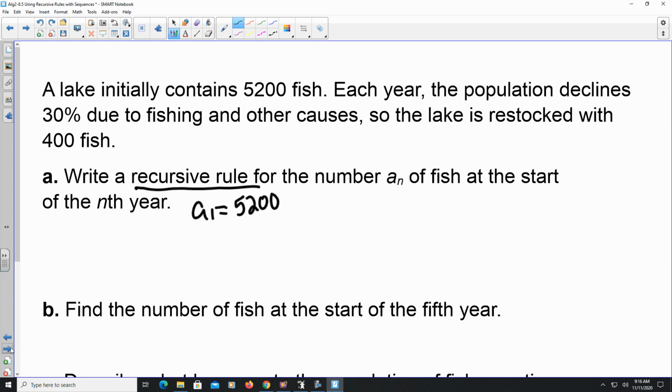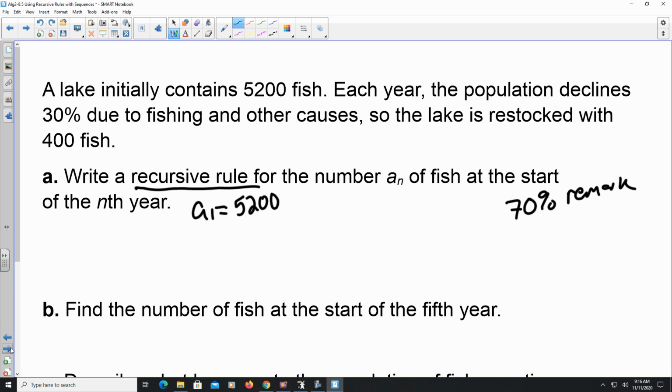All right. From here, they told us that the population declined 30%, which means that 70% of the fish remain. So what we are looking at is a geometric sequence. But it's a recursive rule.